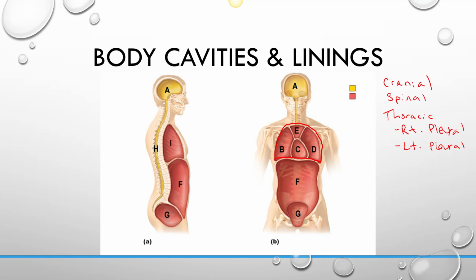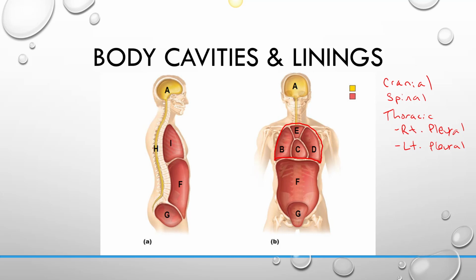Now, why am I mixing up these left and right terms? When you look at the screen, you're saying, well, that's on the left side of the body. In anatomy and physiology, we always refer to the side of the body from the patient's perspective. So this person's right side is this, and that's what I called the right pleural cavity.